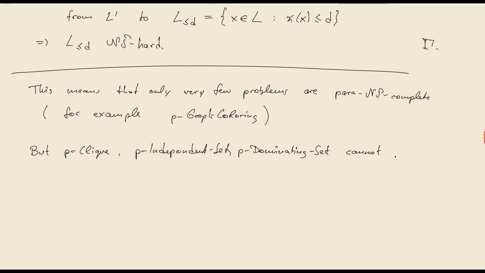For these problems, they cannot be para-NP complete, since fixing k less or equal d for some given constant d makes the problems polytime solvable.